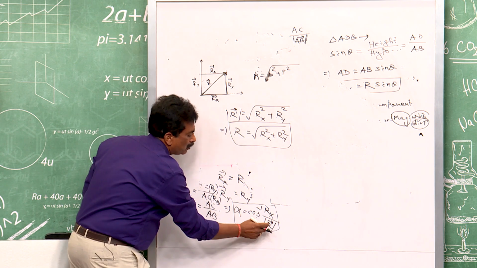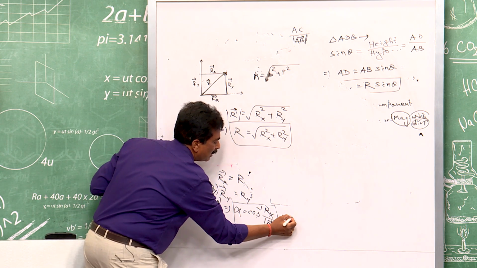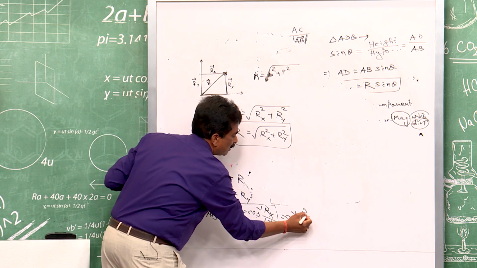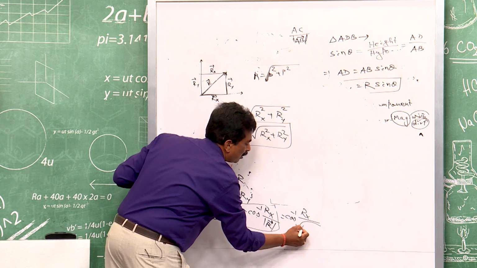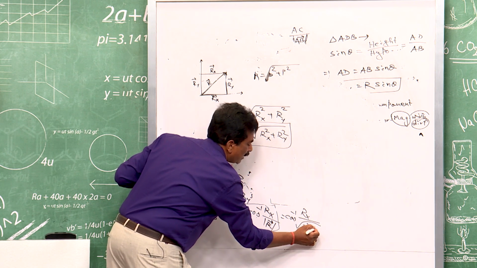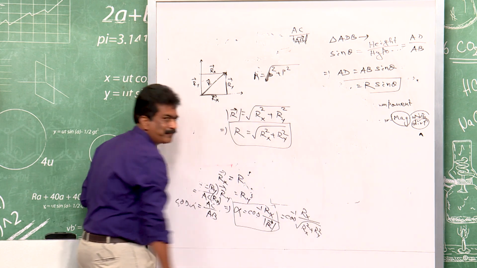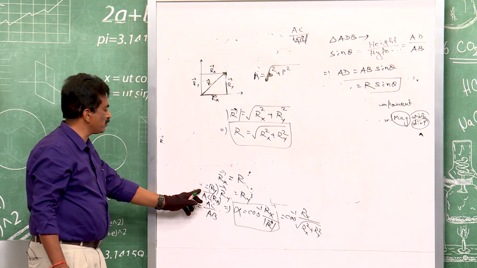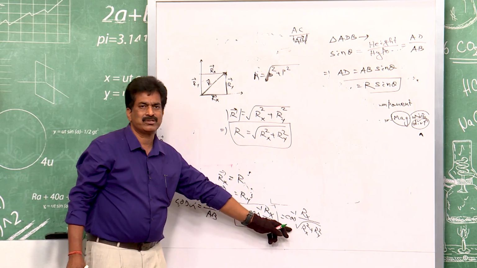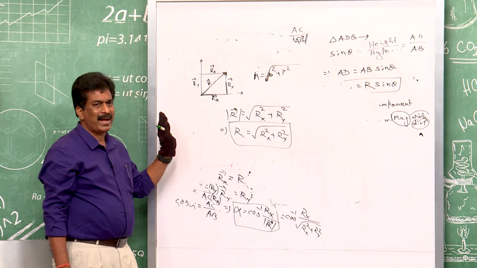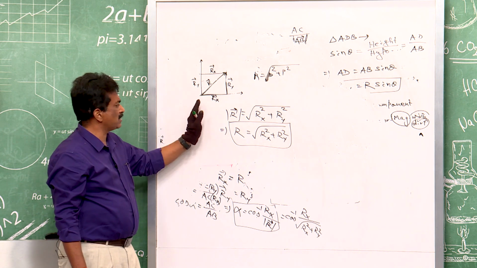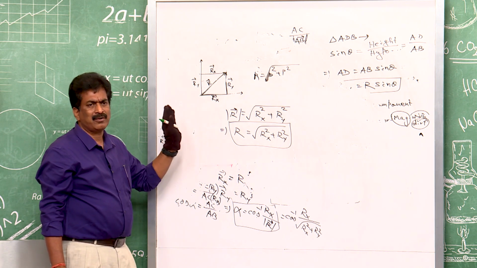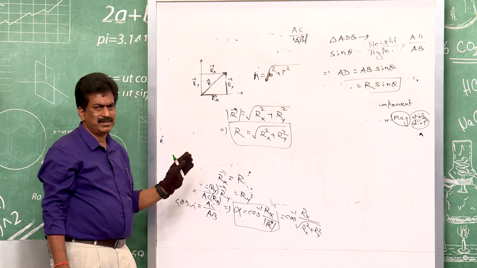If we put the value of R here, then alpha is equal to cos inverse of Rx by root over of Rx square plus Ry square. So either remember it this way or that way. This is the magnitude and the direction of the components of the vectors in terms of the unit vectors.